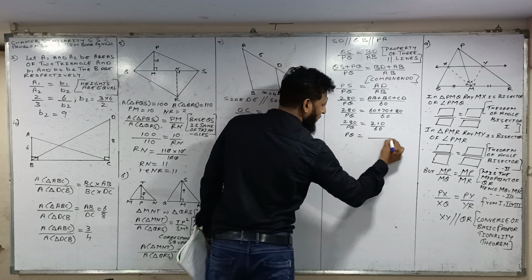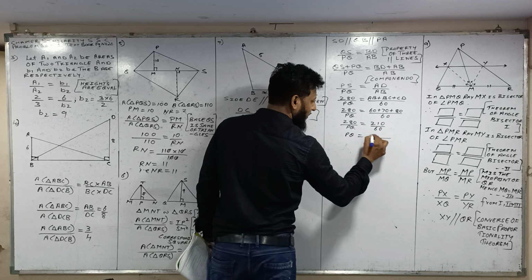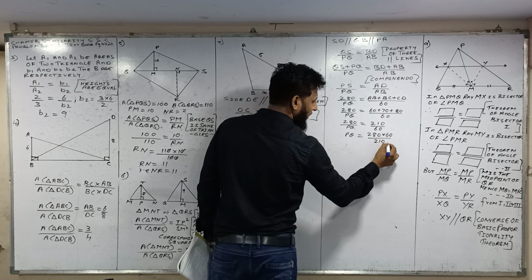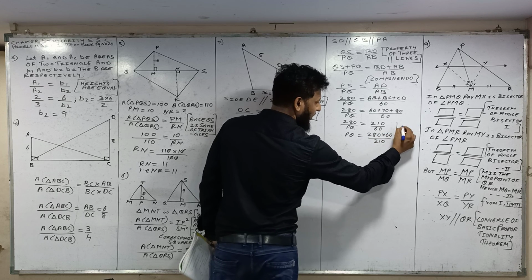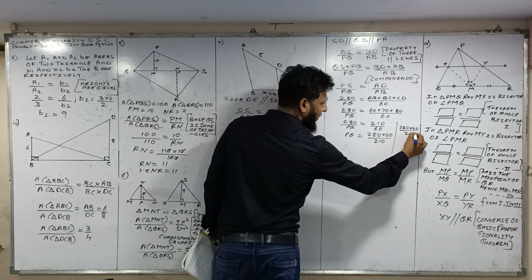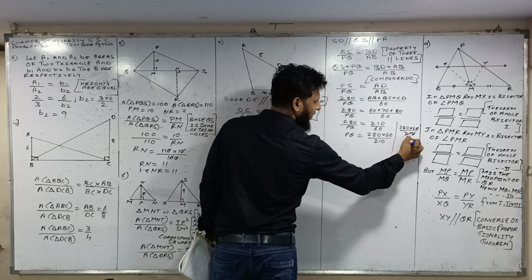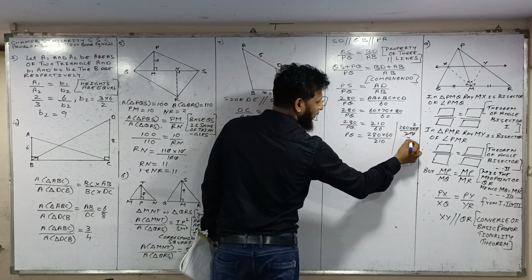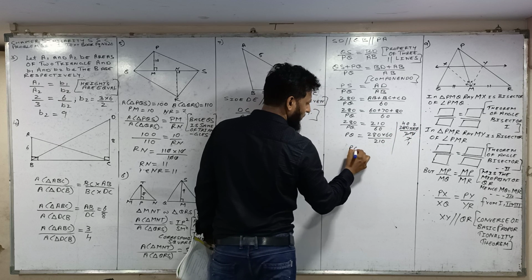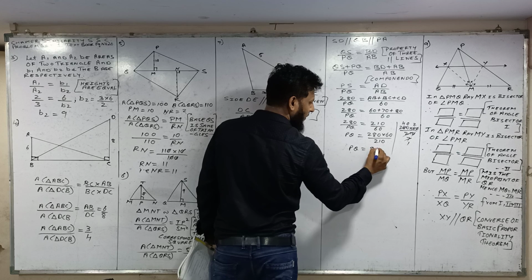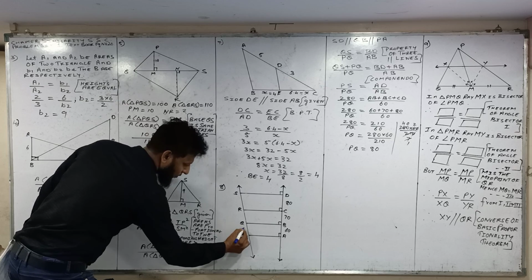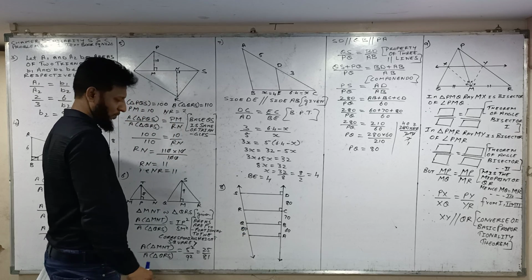PQ is equal to 280 multiplied by 60 upon 210. Now do the cancellation in your rough work. So PQ is equal to 80. So the value of PQ is 80.